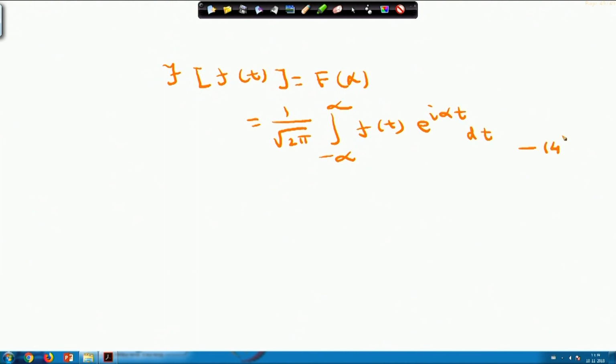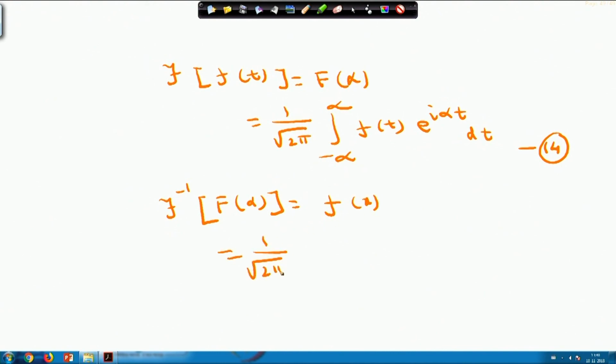This is equation 14. Then the Fourier inverse of F(alpha) equals f(x), which I can write as 1 by root 2 pi, integral from minus infinity to infinity of F(alpha) e to the power minus i alpha x d alpha, which is equation 15.